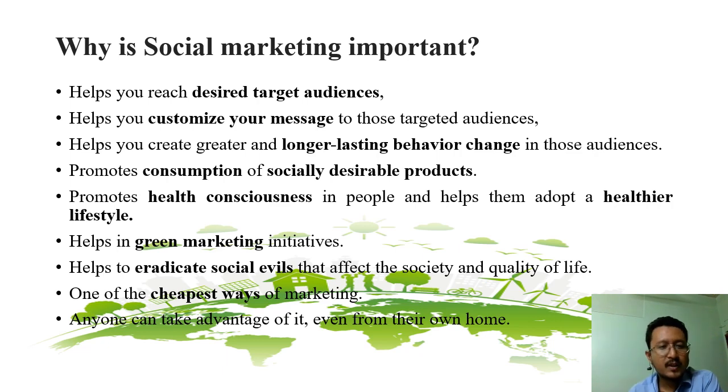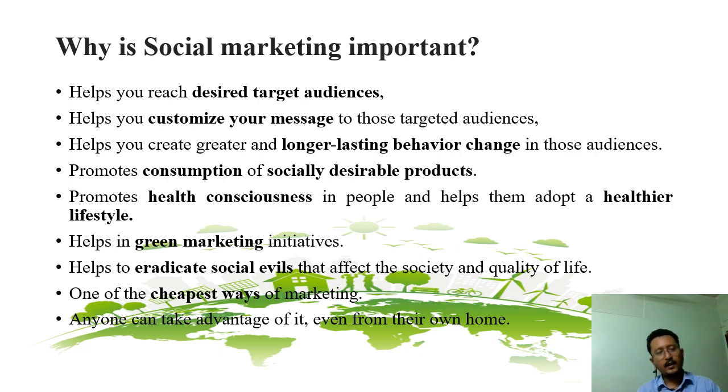Next important point is that it helps in the consumption of socially desirable products. Now, what do you mean by socially desirable products? We're going to talk about the products and the other marketing mix of social marketing in the coming slides.